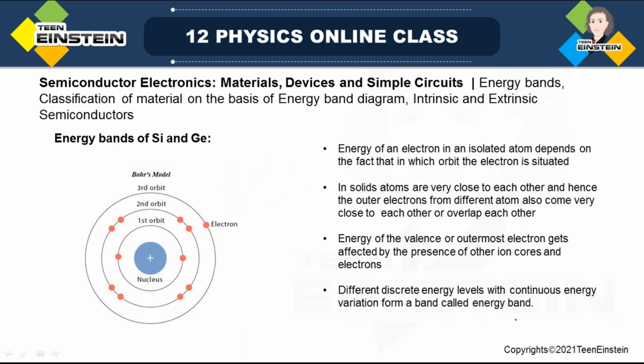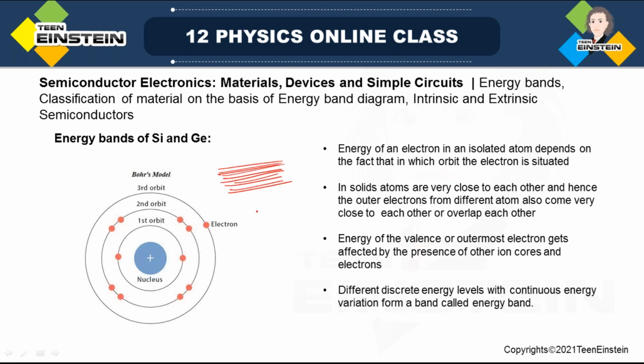Then the atom's electron will be interacting with neighboring ions, and therefore its electron will be affected, and there will be many electrons in the solid. So many electrons will have many discrete levels of energy, and those discrete levels will come very close to each other and form a band like this.